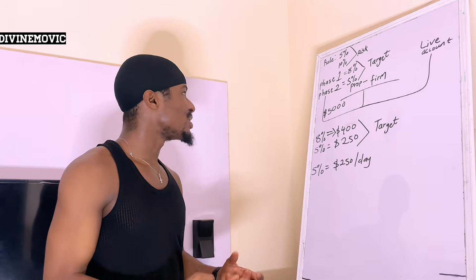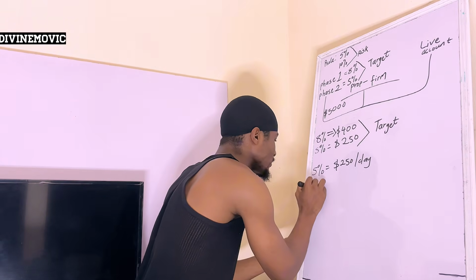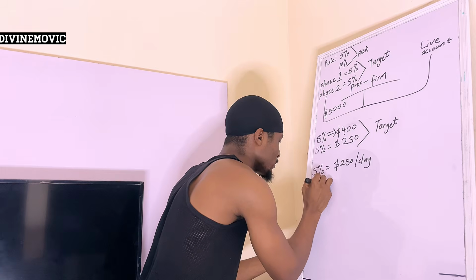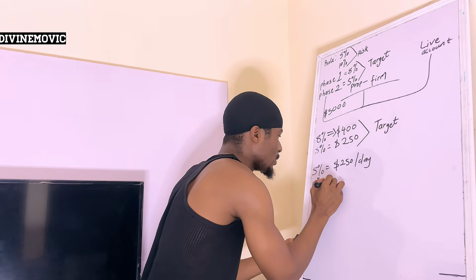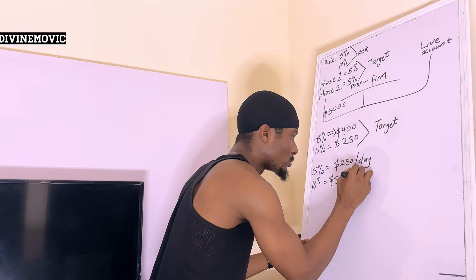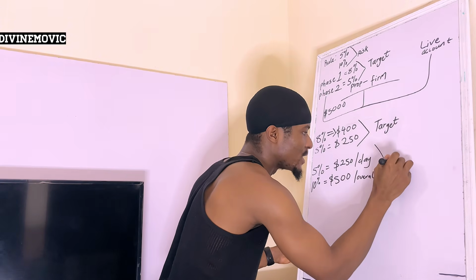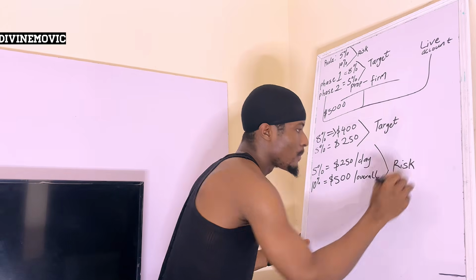And overall in the account, you shouldn't lose what? 10%, which is what? $500 overall. This is the what? The risk.